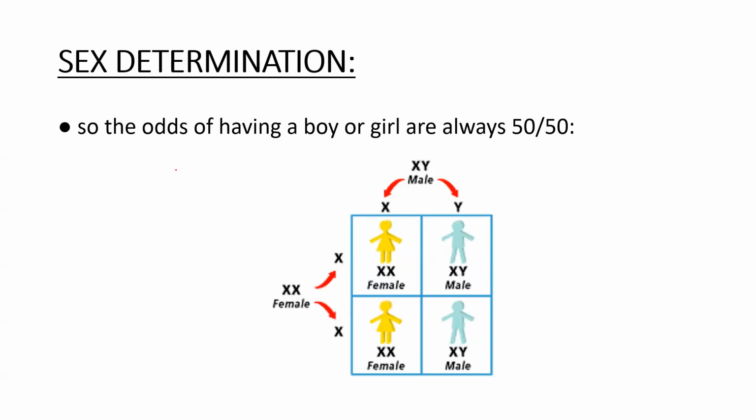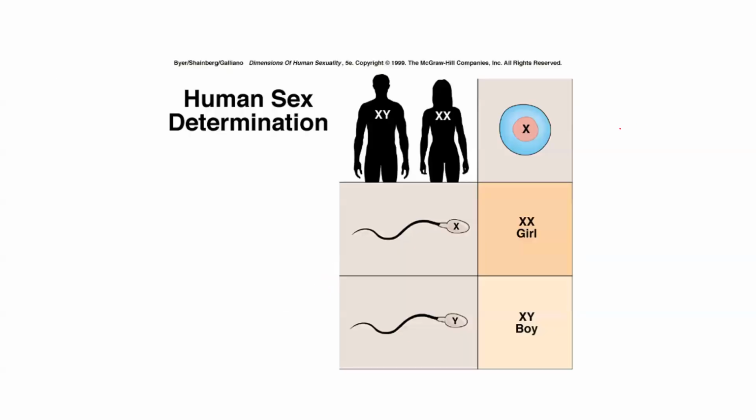Now, if we look at this Punnett square here, you get the impression that you have a 50-50 ratio when it comes to offspring, okay? So whenever there's a pregnancy, there's a 50% chance that it's male and a 50% chance that it is female. That seems kind of obvious, right?